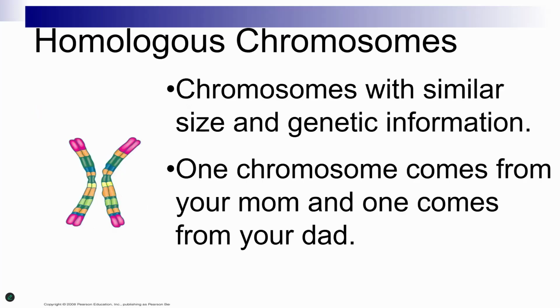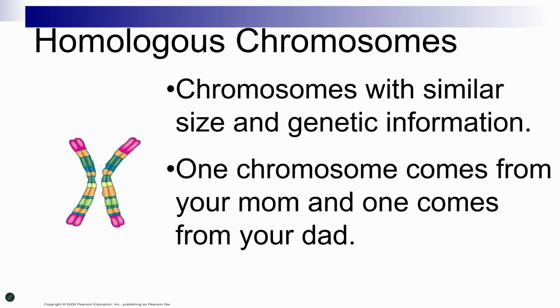The key to understanding meiosis and human heredity is understanding homologous chromosomes. Homologous chromosomes are chromosomes that have a similar size and shape and genetic information. So they've got the same genes, even though the genes might be different versions, different alleles.